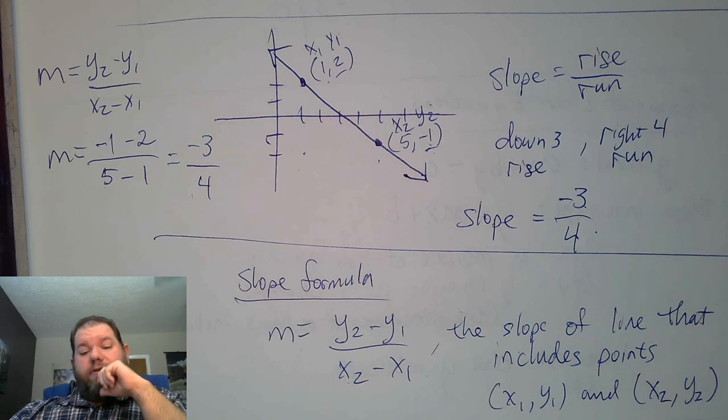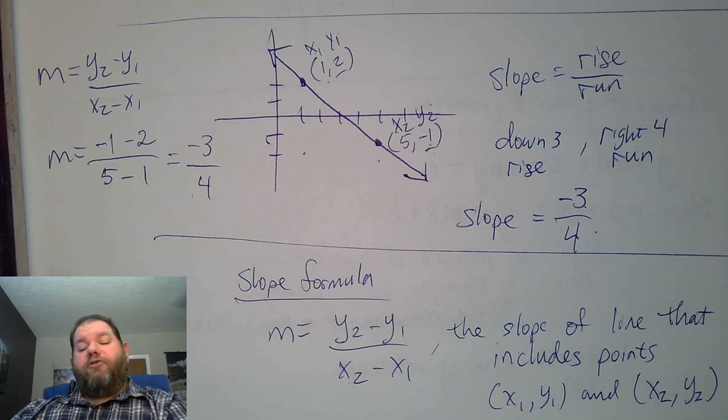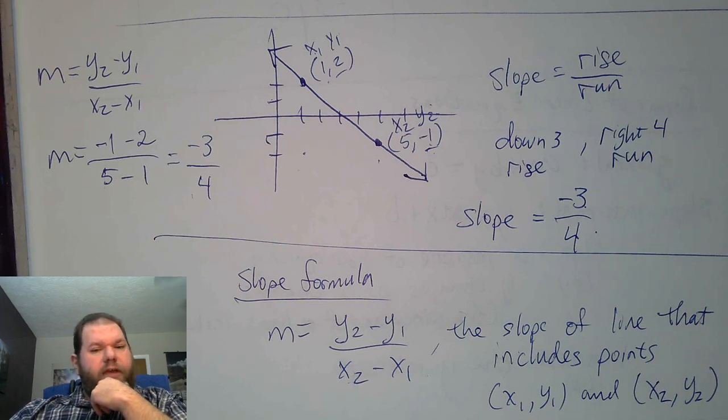We're not always going to be given the graph of the line, but we may just be given a pair of coordinates, and we can use our slope equation from there. Or, if we're given a graph with 2 points marked on it, but we don't have any coordinates, we can just look at it visually and figure out the slope that way.